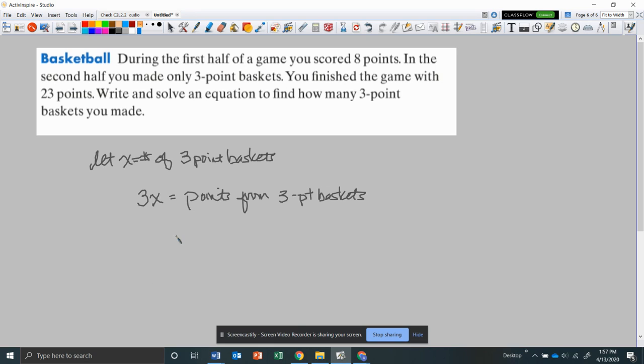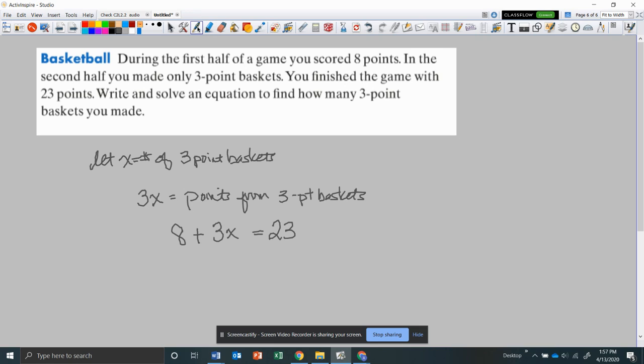And if the first half I scored only 8, and in the second half I scored only 3-pointers, so 3 times x, and in total I got 23 points, then I've got my equation.